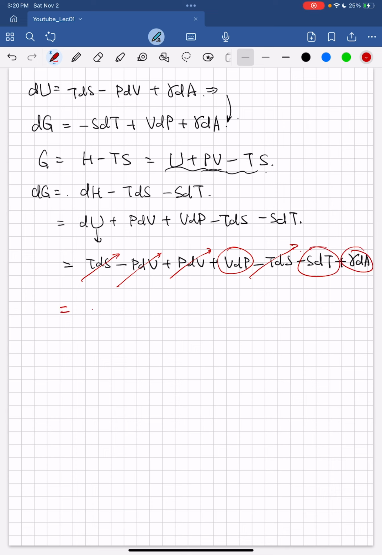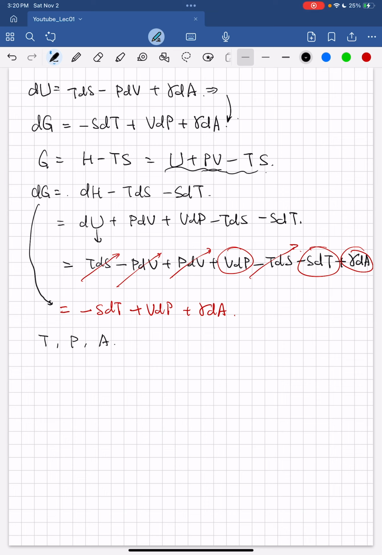So dG becomes minus SdT plus VdP plus gamma dA. All right. So this is our formula for the infinitesimal Gibbs free energy change as temperature changes or pressure changes or area changes, right?